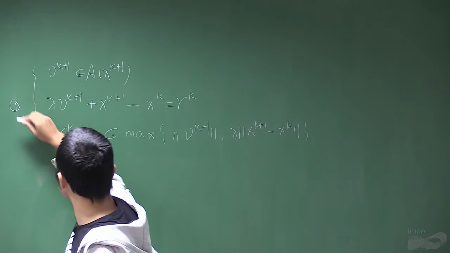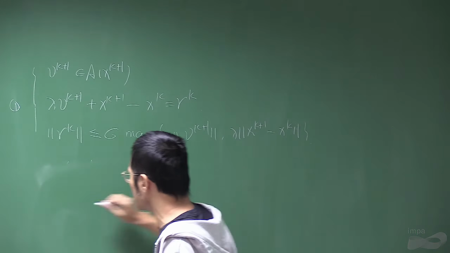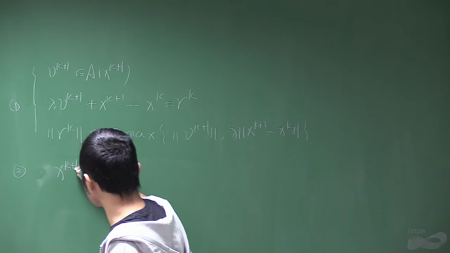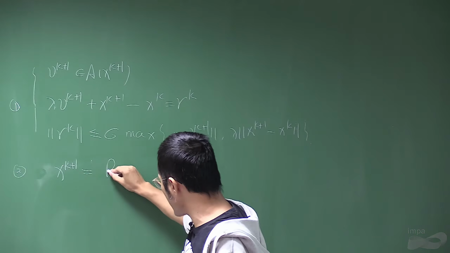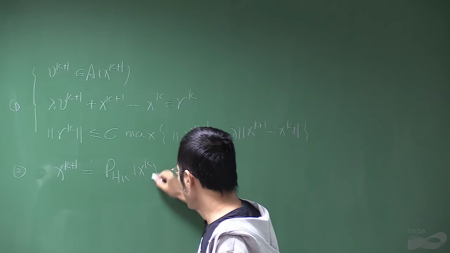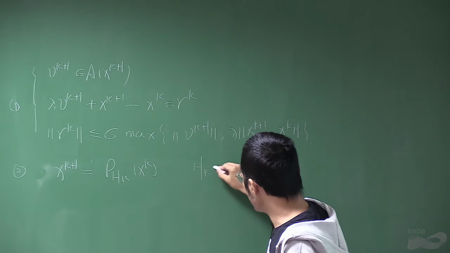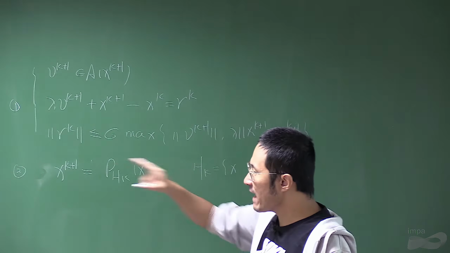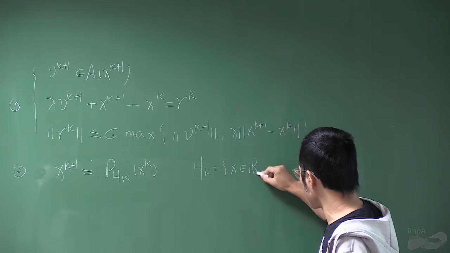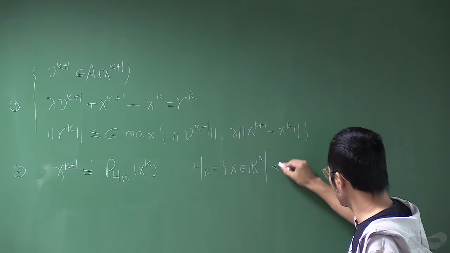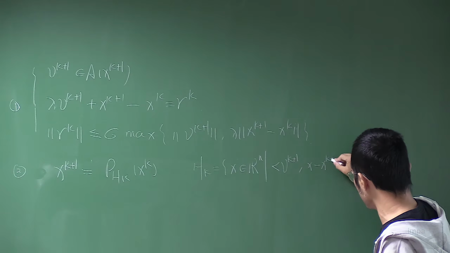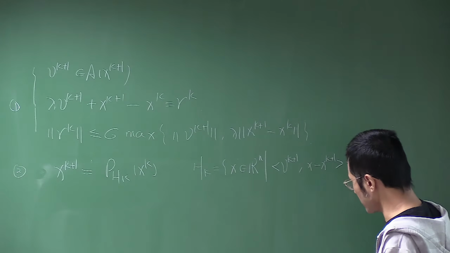The first step is to solve this system with relative errors, and the second step is that the next point xk plus 1 equals the projection of xk onto Hk, where Hk is determined by the vector vk plus 1: the set of x in Rn such that the inner product of vk plus 1 and x minus xk plus 1 equals 0.